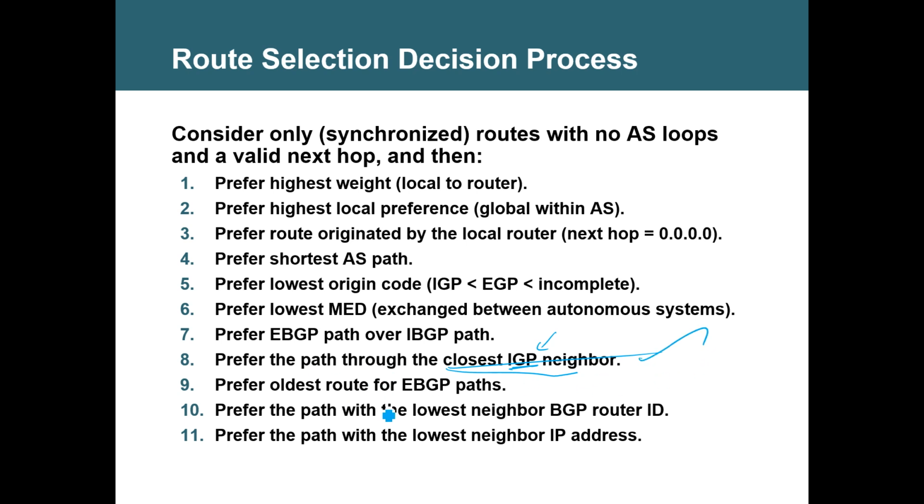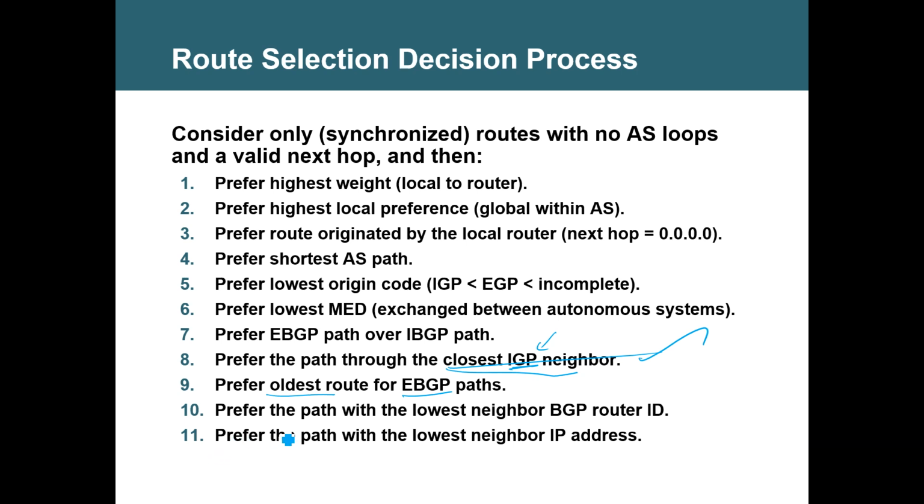Now, what if both are EBGP? Then the EBGP neighbor that gave the route first, the oldest route. The oldest means what? It came first. That is preferred.